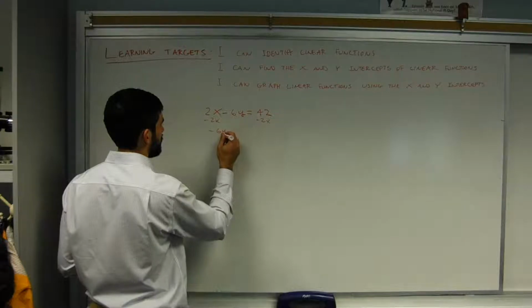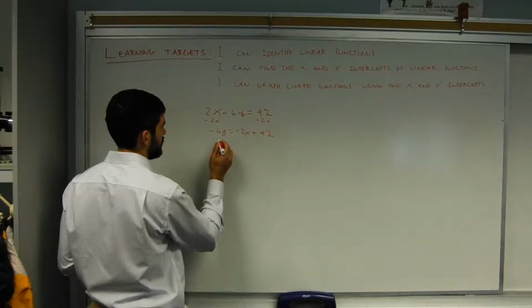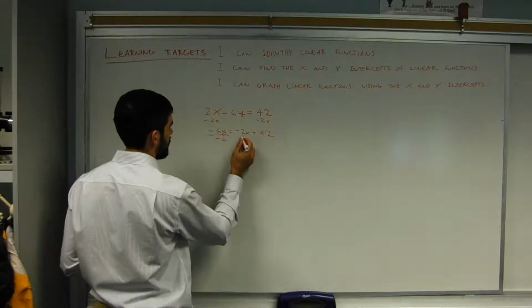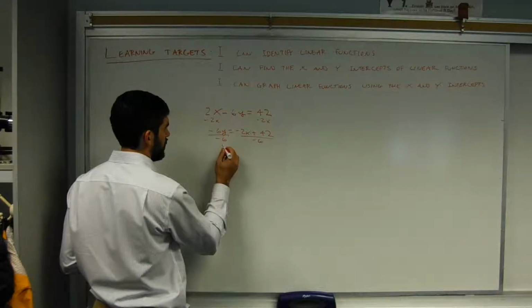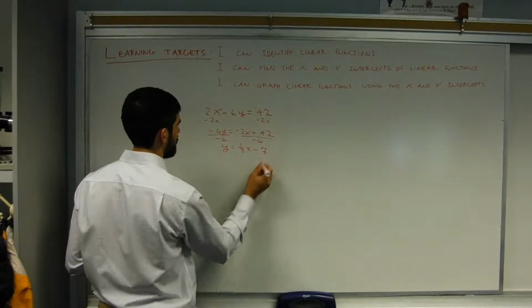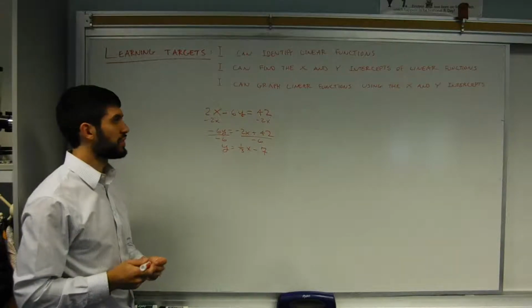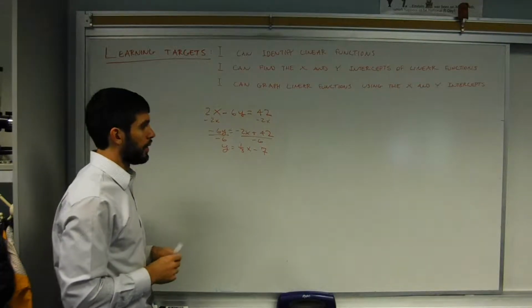We get negative 6y is equal to negative 2x plus 42. Then we could divide each side by negative 6, and we'd get y is equal to 1/3 x minus 7, which we see is in that y is equal to mx plus b form.